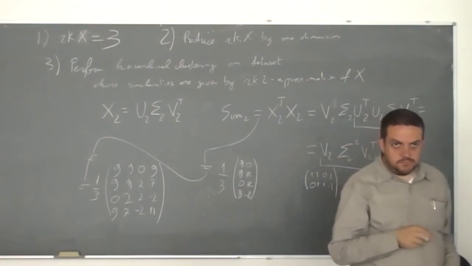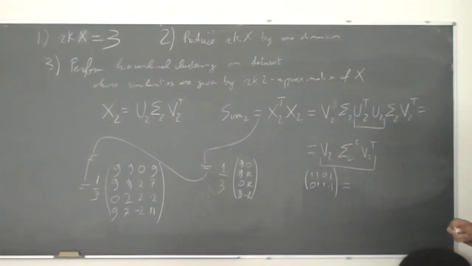So this should be the final similarity matrix, and of course one check that you have to do is that it should be symmetric.